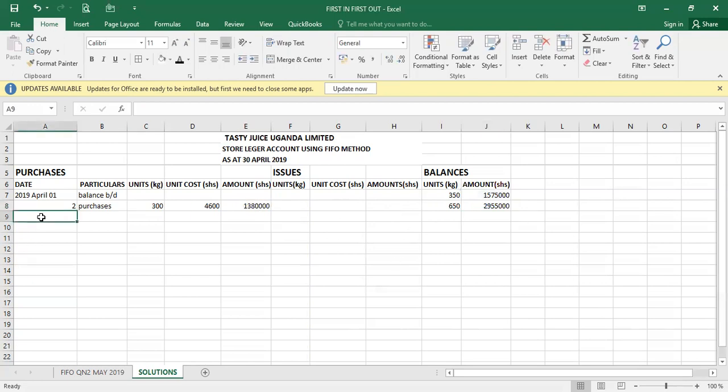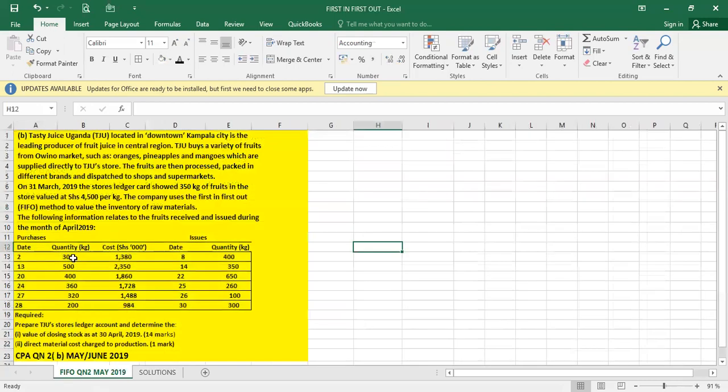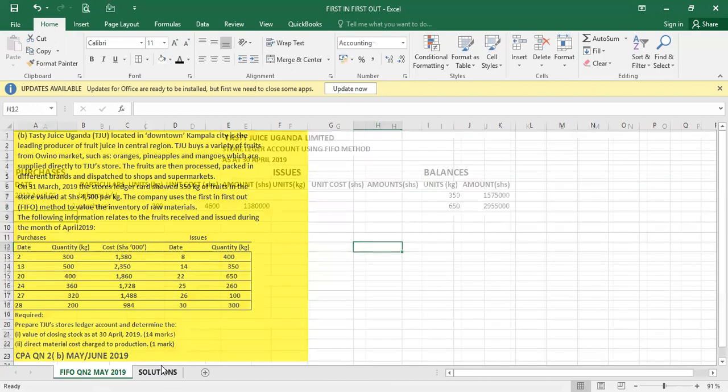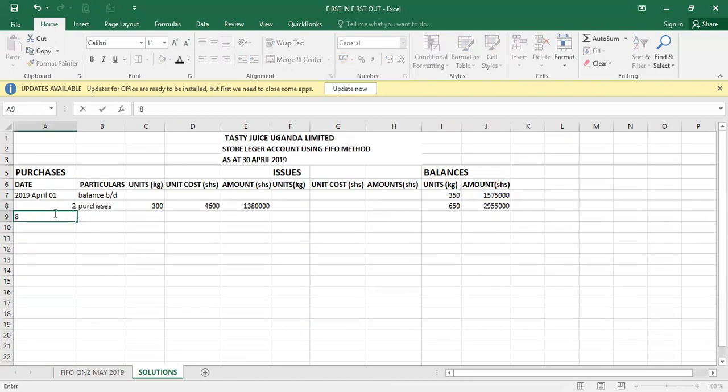Then we go on. There is no transaction on 3rd; the next transaction happened on 8th. We issued out 400. On 8th, we had issues of 400. But remember, since we are using FIFO, FIFO recognizes the first transaction.